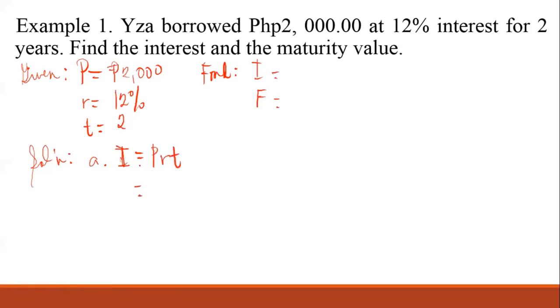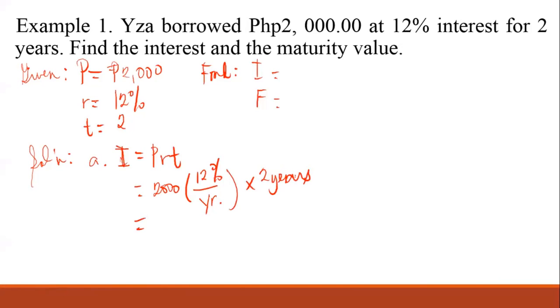So just substitute the values: 2,000 times the rate, 12%. Siyempre, taon yon, times the 2 years.